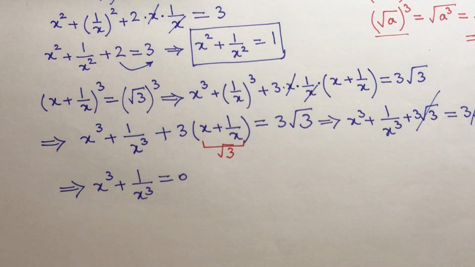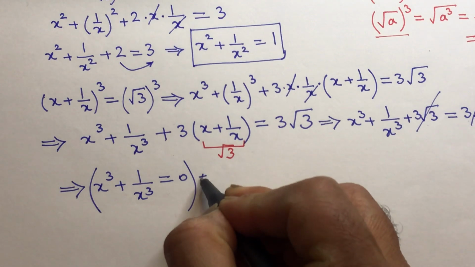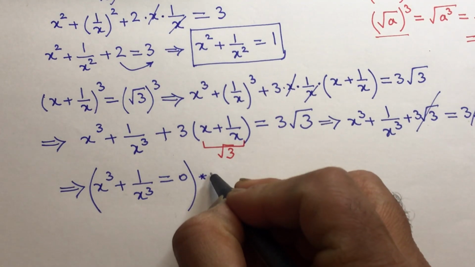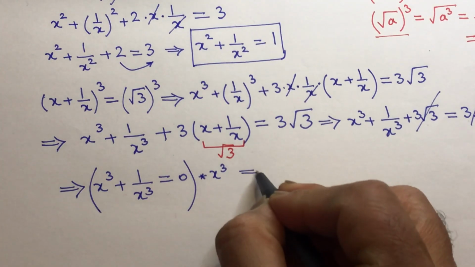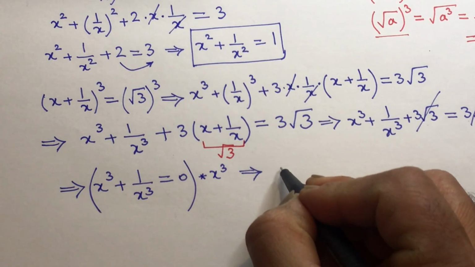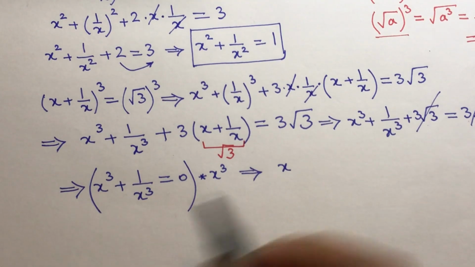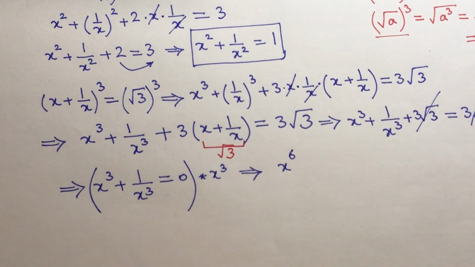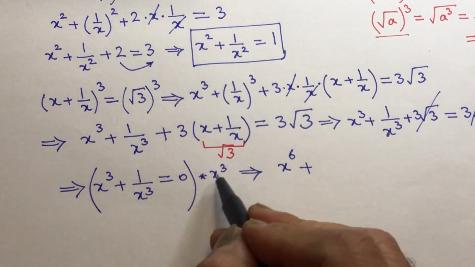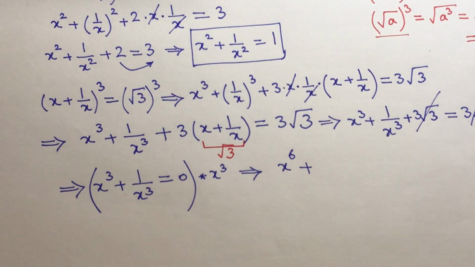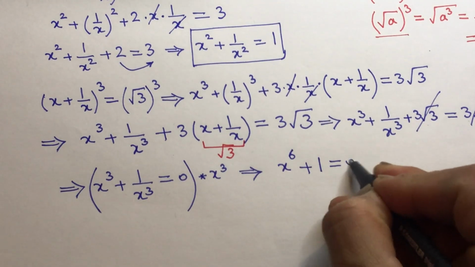Okay, this is another result, but we can multiply both sides by x cubed, and we lead to this, because x cubed times x cubed is x to the 6 plus, and 1 over x cubed times x cubed is just 1, and 0 times everything is 0.